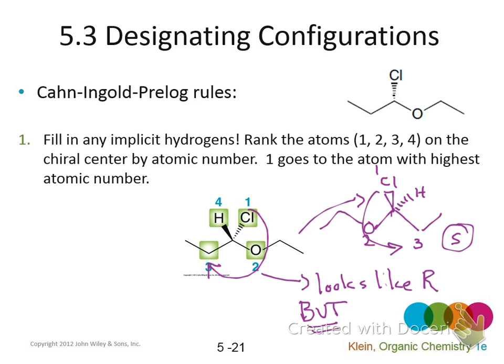But I'm actually not going to say H because it's not always an H. 4 is in front. That didn't show up so well. So what does that mean it is? It's actually S.